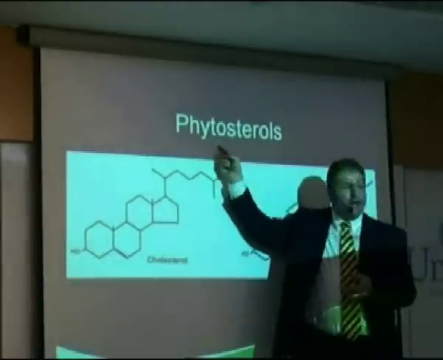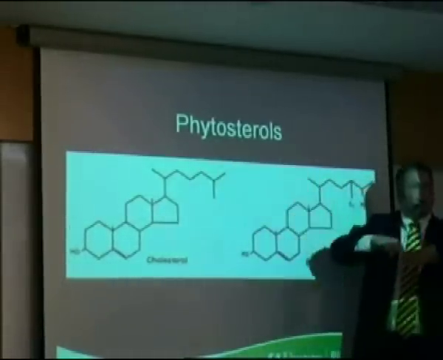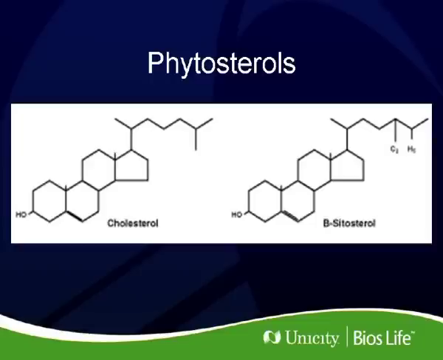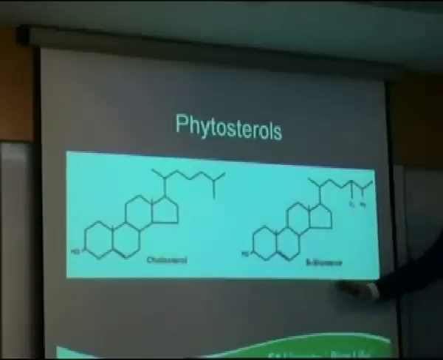Phyto, plants. Sterols is a class of components called sterols. And cholesterol is also a sterol. These are sterols from plants. Here you see the major sterol from plants, called, in this case, beta-sitosterol.